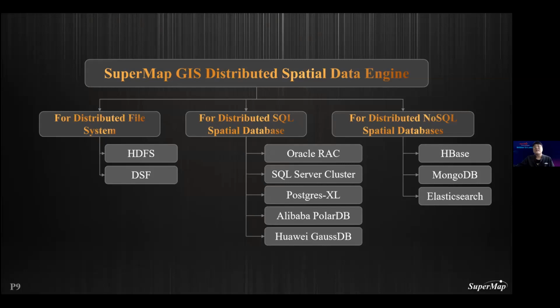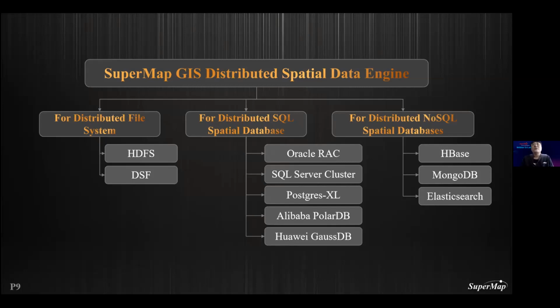So these SQL spatial databases are the advanced version of its own traditional version, such as the PostgreSQL, which is the advanced version of PostgreSQL. And this version of database can support the big data architecture.